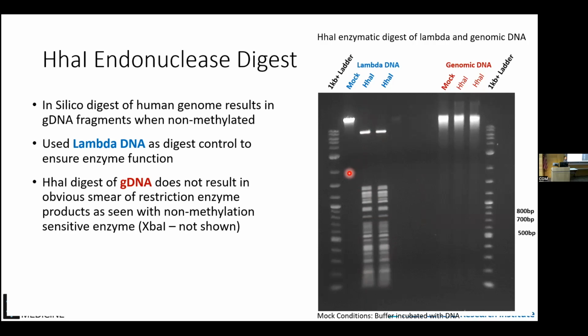However, the HhaI digest of genomic DNA didn't result in an obvious smear like the non-methylation-sensitive enzymes I tested previously. You can see those 2 wells here. At this point, it was unclear if the genome was methylated and it wasn't being digested, or if our resolution wasn't high enough on an agarose gel to see the digested products.